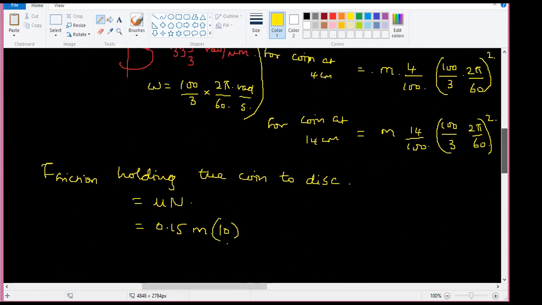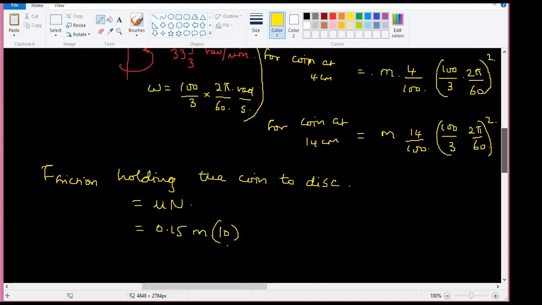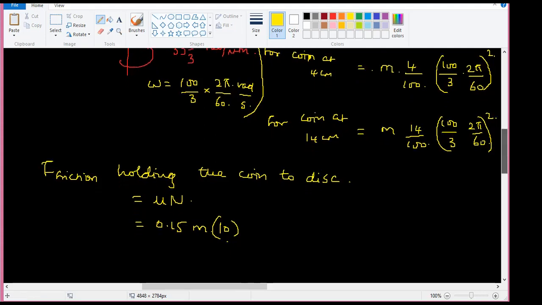Basically, I need to compare whether this friction is more than this value or this value. Wherever the friction is more than the required value, the coin will stick around. Otherwise, the coin will fly away.